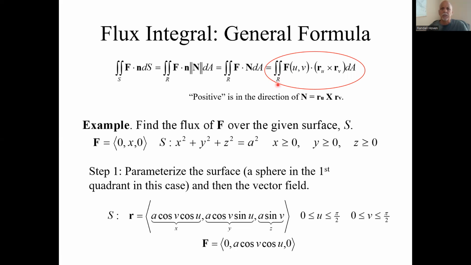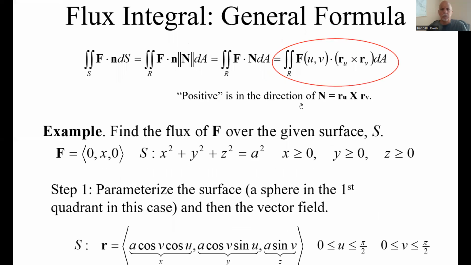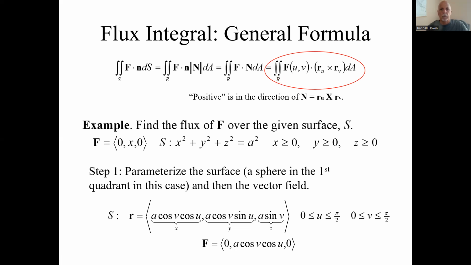So let me go through an example of how to actually do this. And by the way, when we get an answer, the convention for what positive flux means will be in the direction of this cross product.